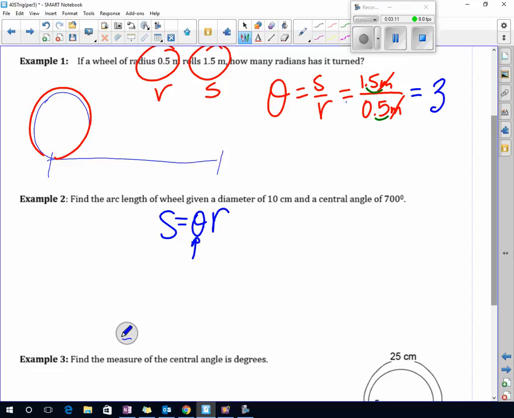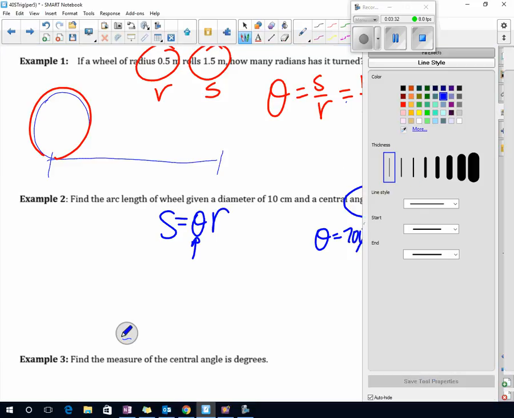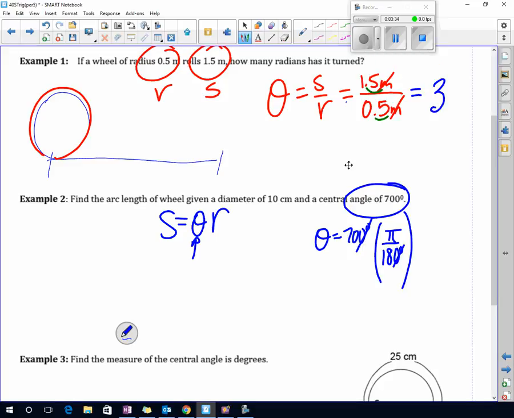Times it by pi over 180 degrees. Very good. So the 0 and the degrees cancel. Does anything go into 70 and 18? Two, yeah, 35 and 9, and that's about it. So I get 35 pi over 9. Leave it as an exact value.